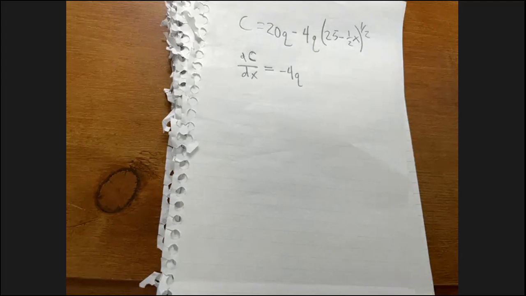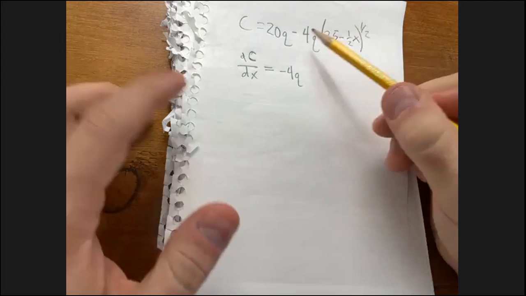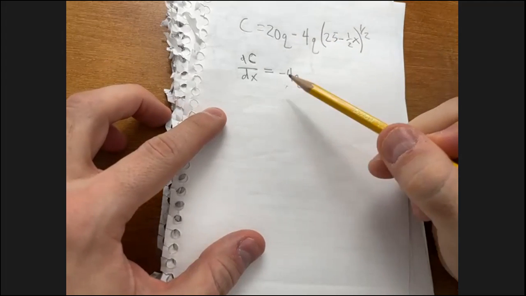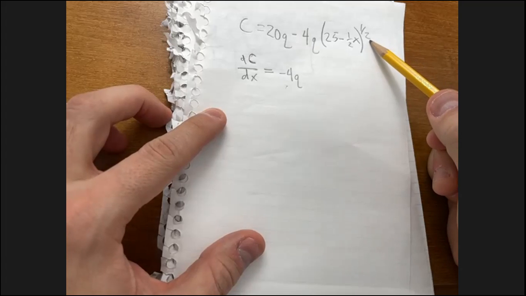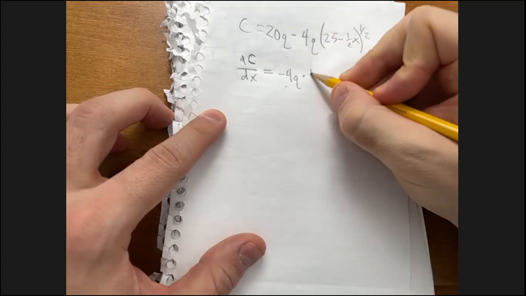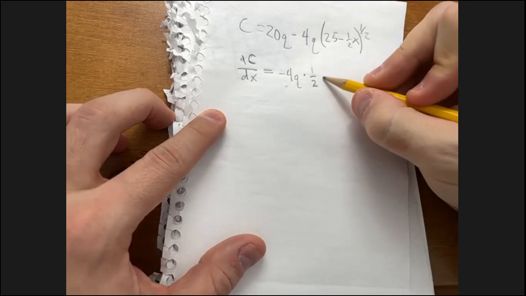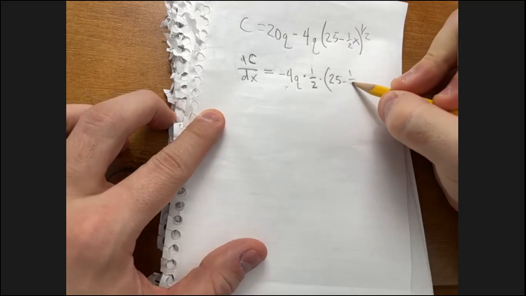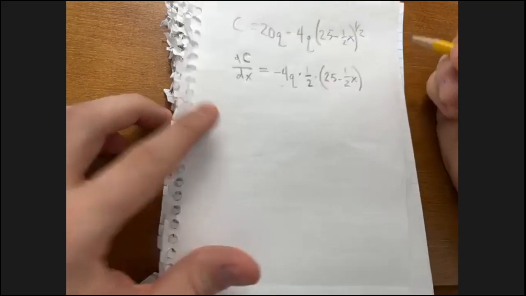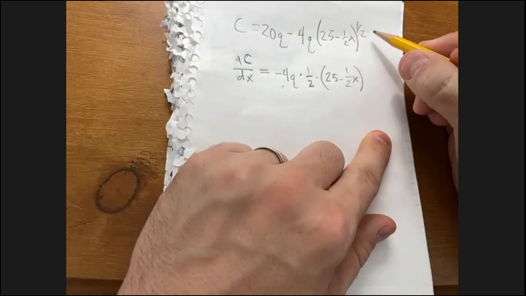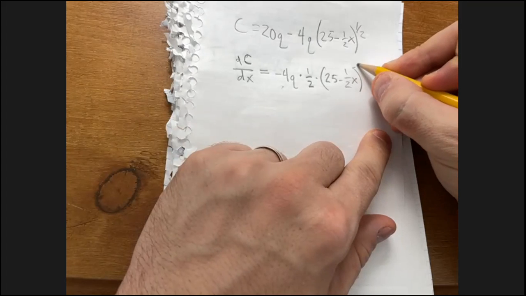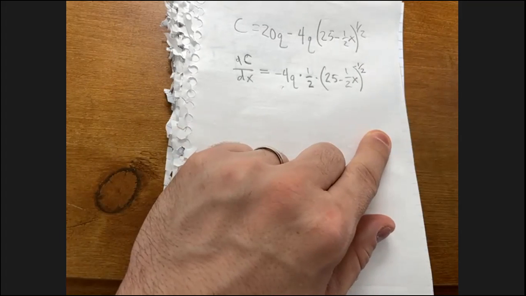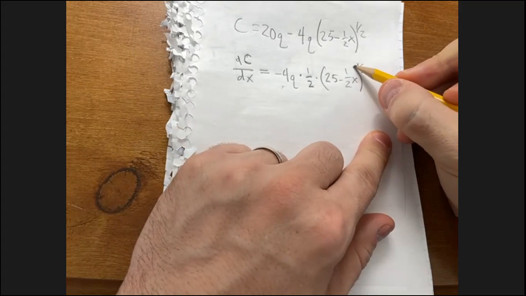Okay, thank you. Now we go to this constant I just kept there. I'm still using the power rule. This 1/2 becomes a multiplier here. The 25 minus 1/2 x remains. But now instead of to the 1/2 power, I'm going to reduce the exponent by 1. It will become negative 1/2. There's a negative there in case you can't see it.